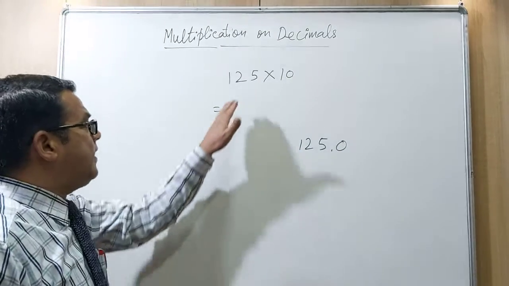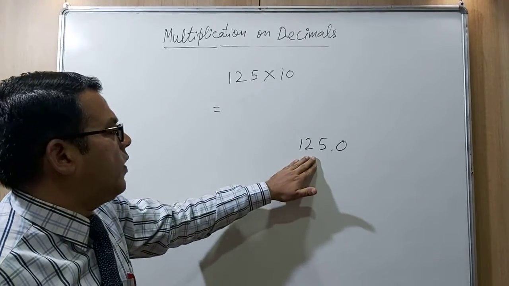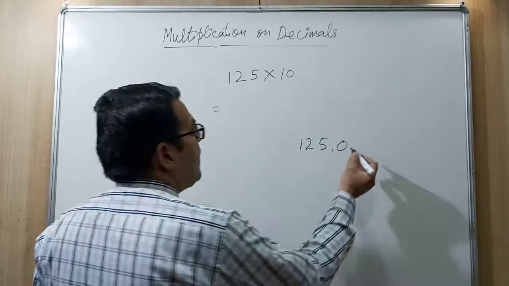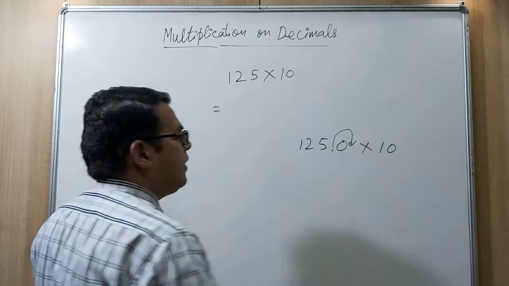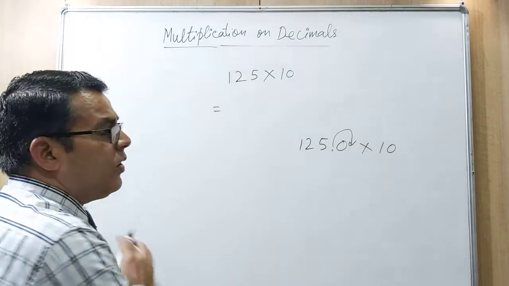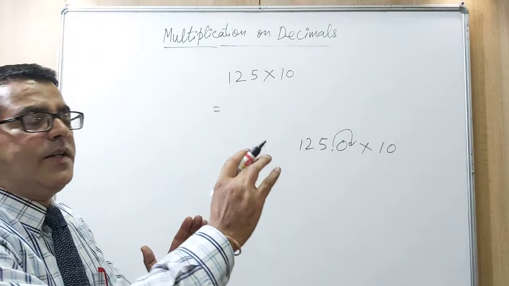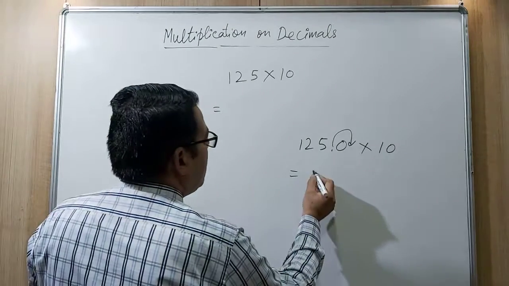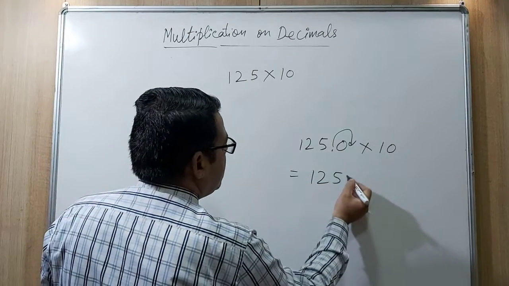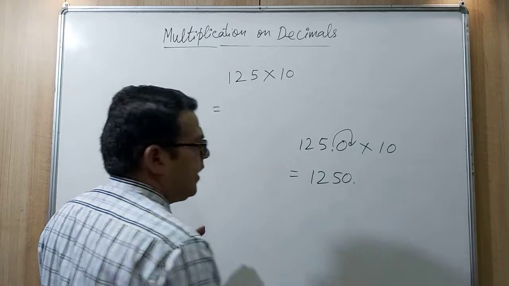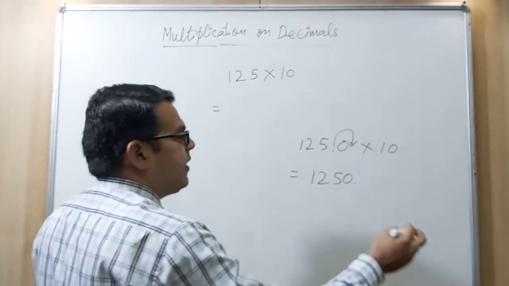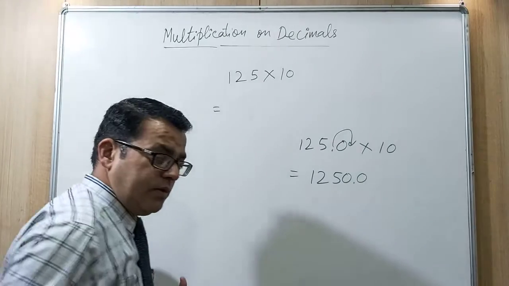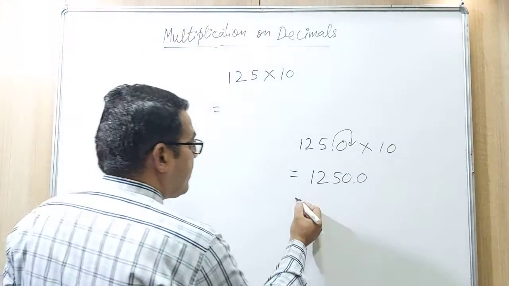We can write this 125 as 125.0, and if we multiply this by 10, we can shift the decimal point one place to the right-hand side. So what we have now here: 1, 2, 5, then 0, and the decimal point will come here after this 0, and here we don't have any digit, so we can put 0 here. Hope you understand.